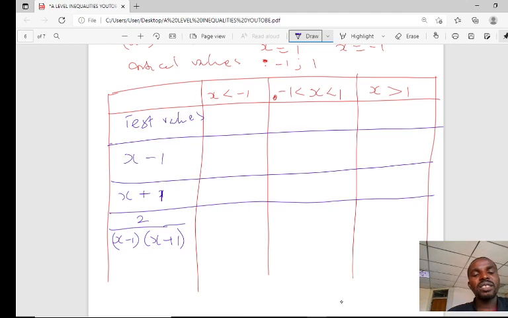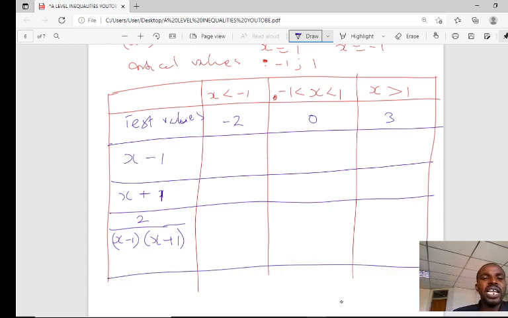So let's move on to find the test values. For x less than minus 1, we can take minus 2 or even minus 3. Any number works. For x between minus 1 and 1, there is 0. For x greater than 1, you can take 2 or 3. Still it works.